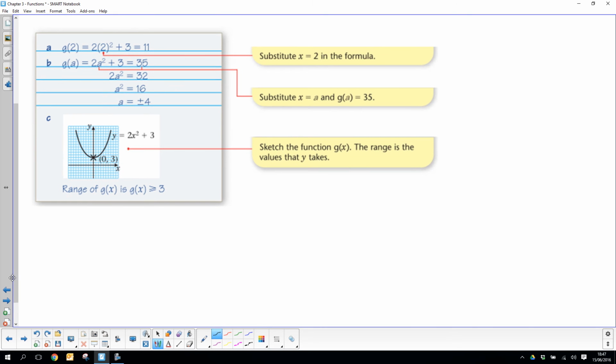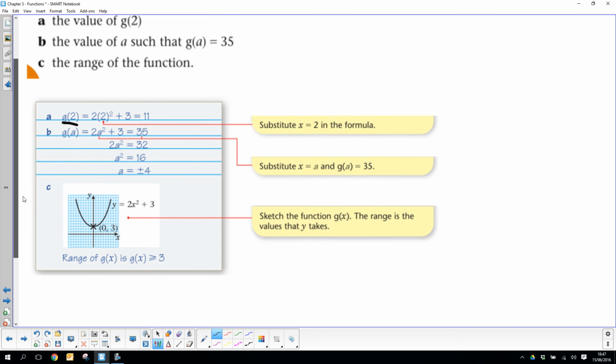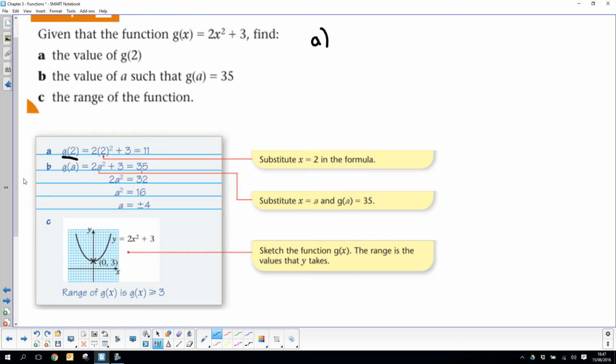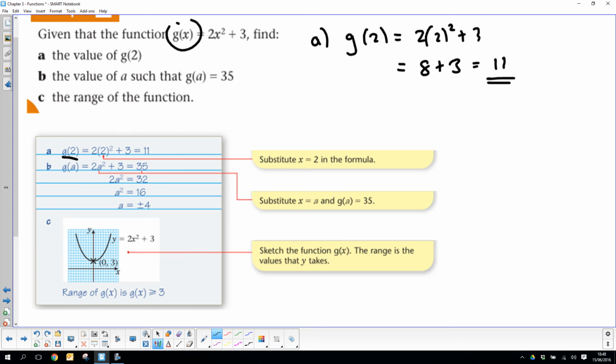G of 2 here, so all we do is substitute in for x as 2. So g of 2, this is how we would write it, is 2 lots of 2 squared plus 3, so of course that's 2 lots of 4, that's 8 plus 3, so g of 2 is 11. Now, for the value of a such that g of a equals 35, we're saying that this equals 35.